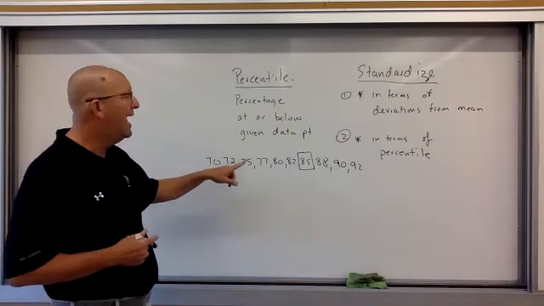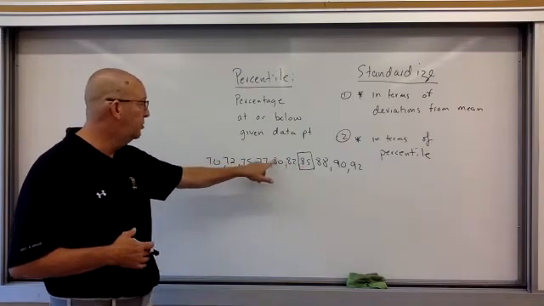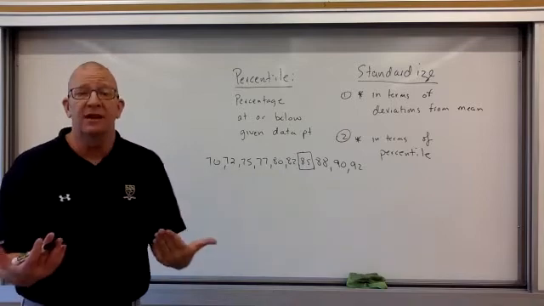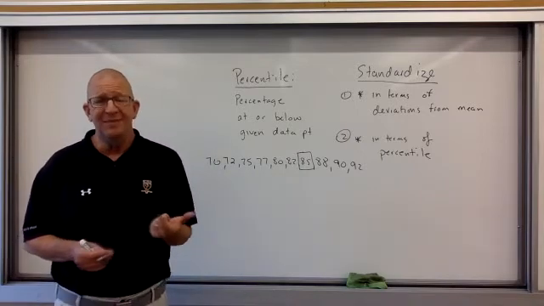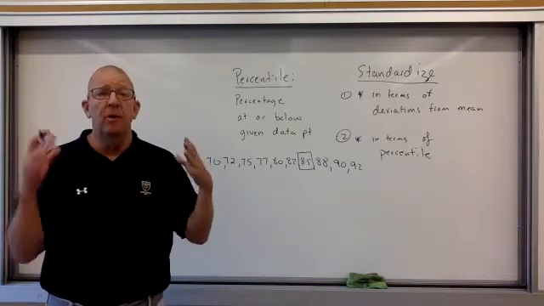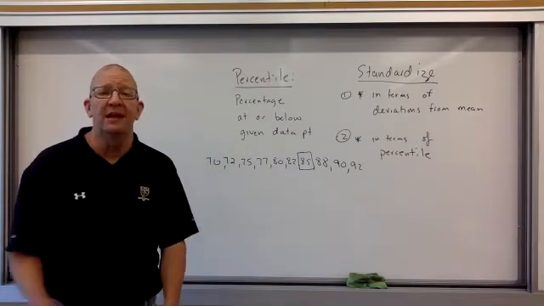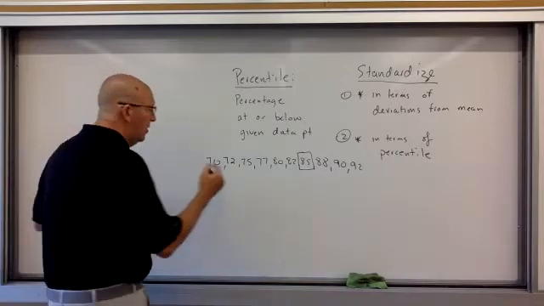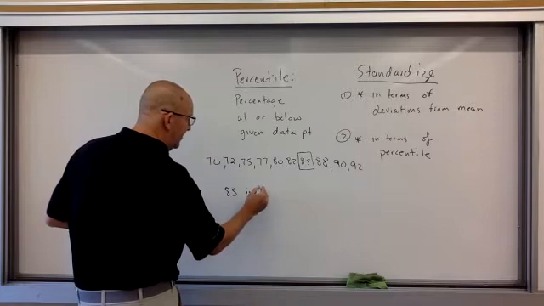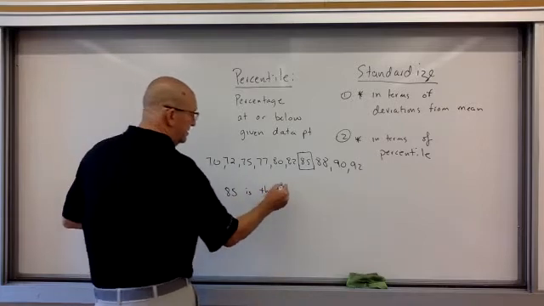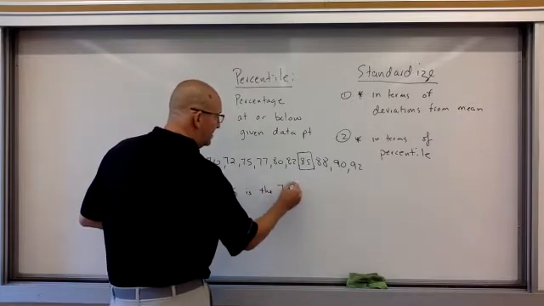If you do at or below, 1, 2, 3, 4, 5, 6, 7, the 70th percentile. So there's a bit of a difference, and the difference is more exaggerated the smaller amount of data you have. So we're going to say 70th percentile.